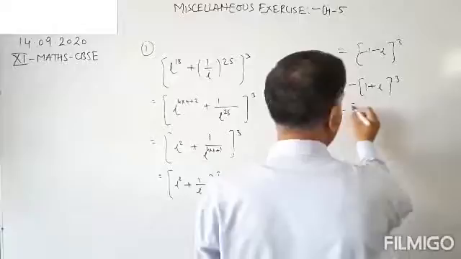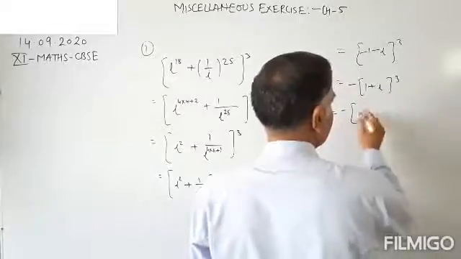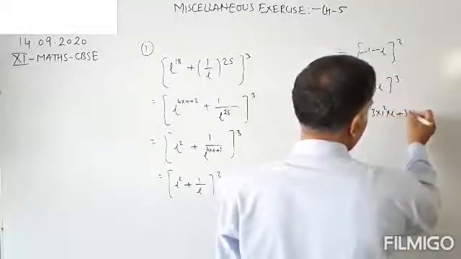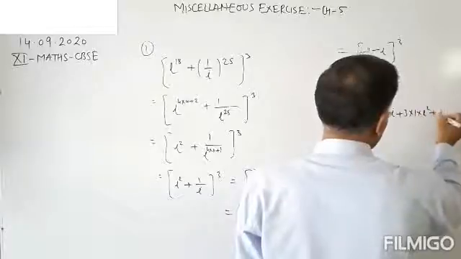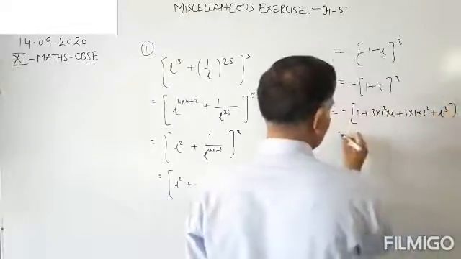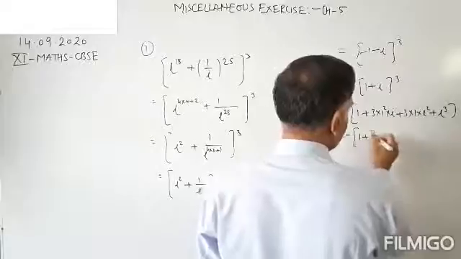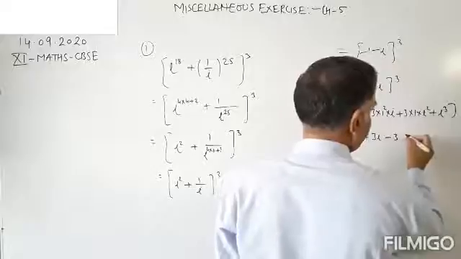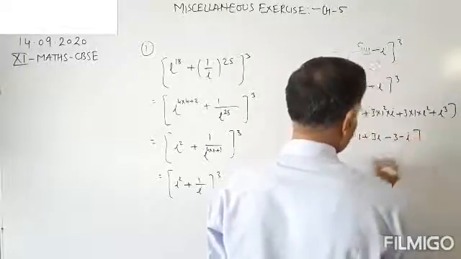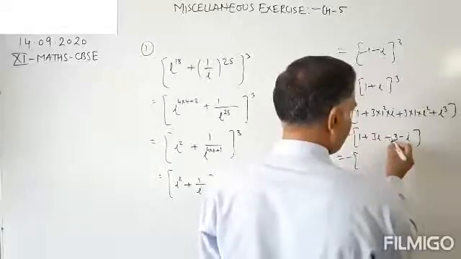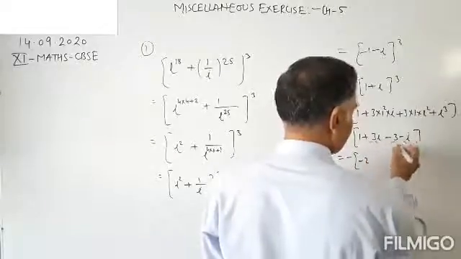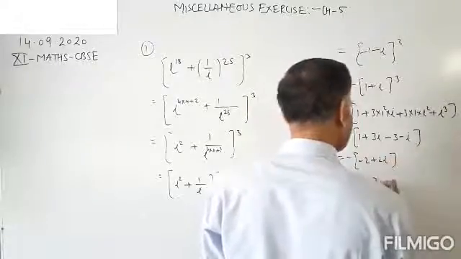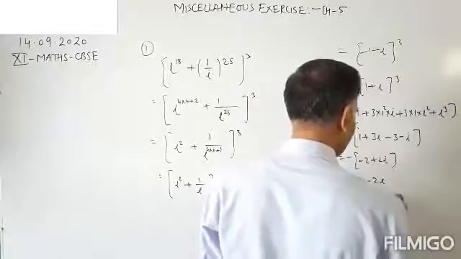So this is equals to minus [1 cube, that is 1, plus 3 iota, plus 3 iota square, that is minus 3, plus iota cube, that is minus iota]. Which is minus [1 plus 3 iota minus 3 minus iota], equals to 2 minus 2 iota, that is 2 into (1 minus iota).